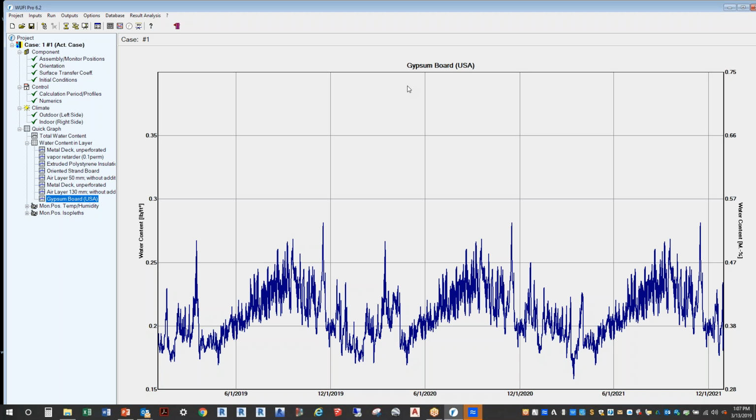I think it's particularly important for us because we design all over the country. All the different climates have different repercussions based on where you put the vapor barrier or retarder, what the perm value is, and what the indoor conditions are.